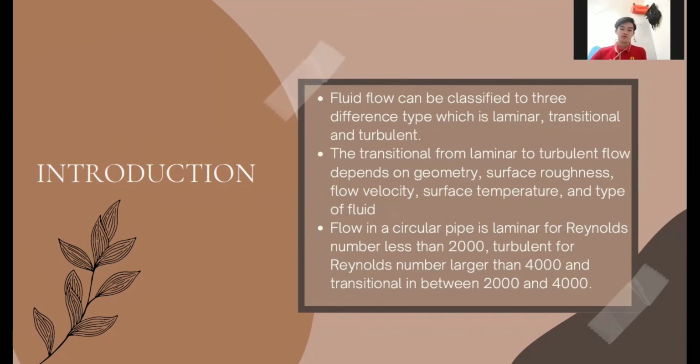As we know, flow in a circular pipe is laminar when the Reynolds number is less than 2000. For Reynolds numbers of 4000 and above the flow is turbulent, and Reynolds numbers between 2000 and 4000 are transitional. Thank you.